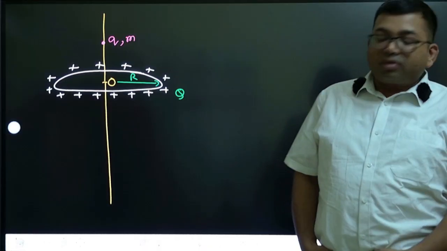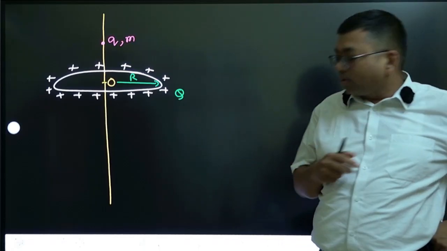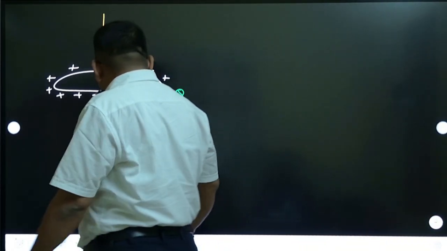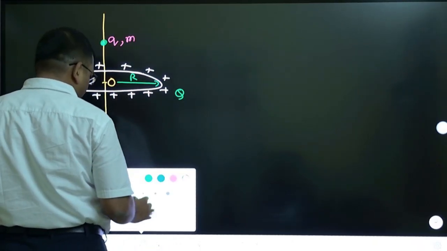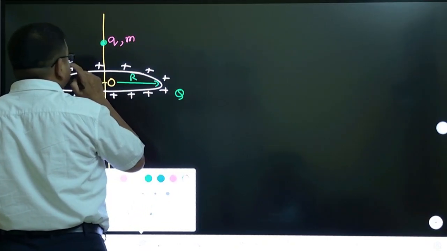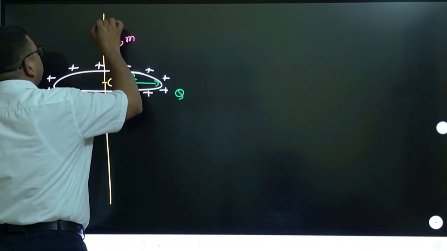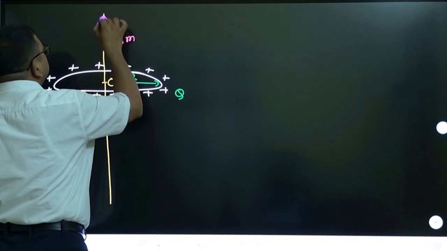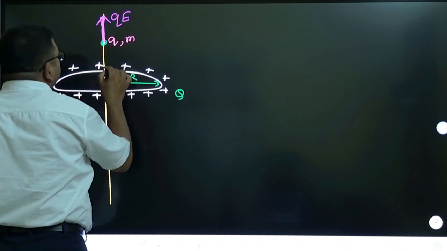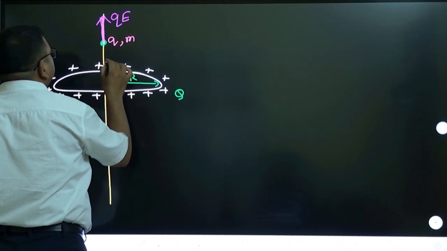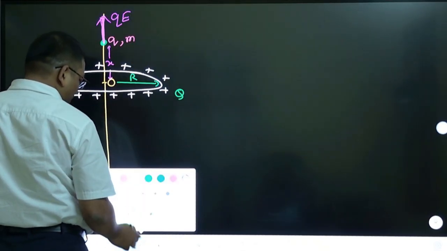So first you think about the forces. When you say equilibrium, you have to see the forces also. What forces are acting on this charge? Just now we have seen, let us say this is a positive charge. This ring will be creating a field in this axial direction, so there will be a force qE. You can take this distance as x, because this is the position x.